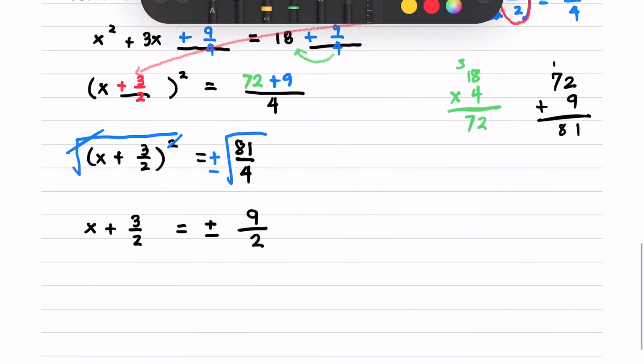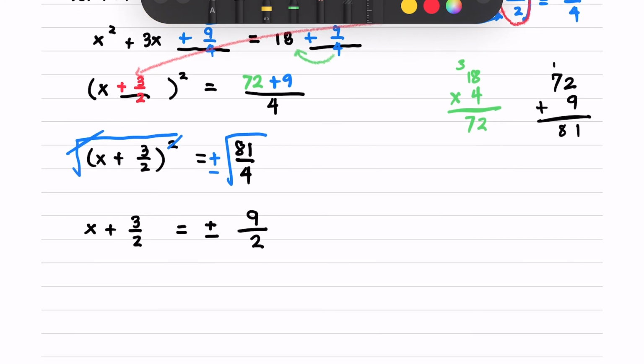Okay, next is separate natin. So, we have x. Bago natin separate is transpose muna natin yung 3 over 2 sa kabila. Kasi similar siya as constant. Kay 9 over 2. So, we have x equals, yung positive magiging negative, negative 3 over 2 plus minus 9 over 2.